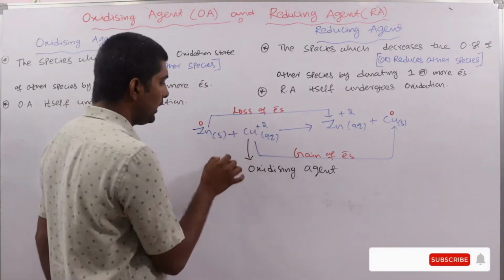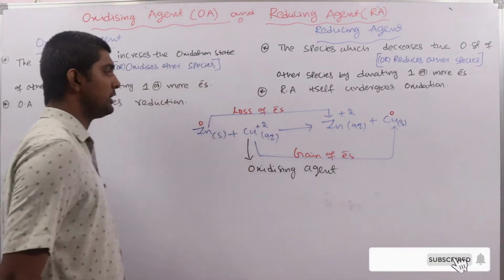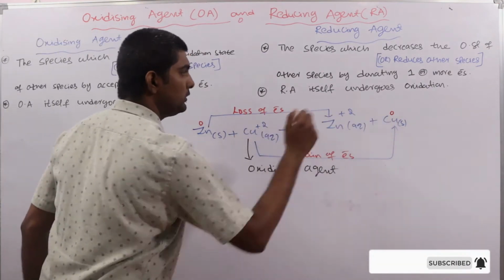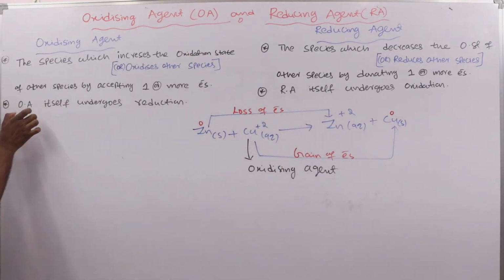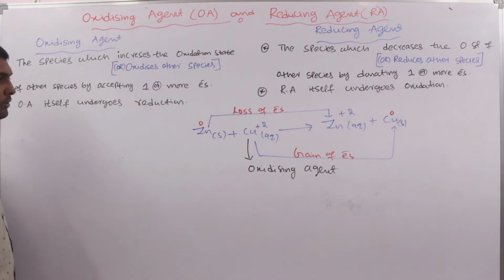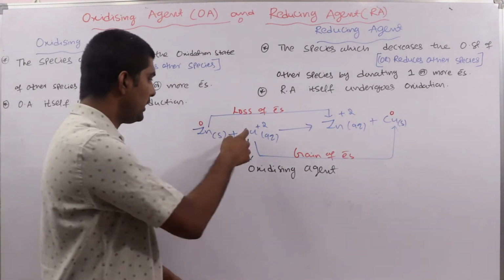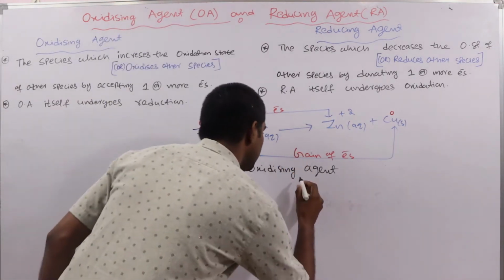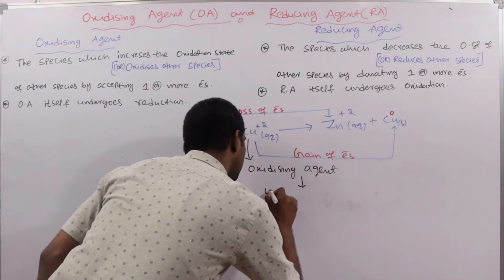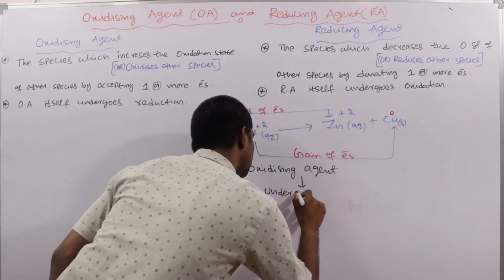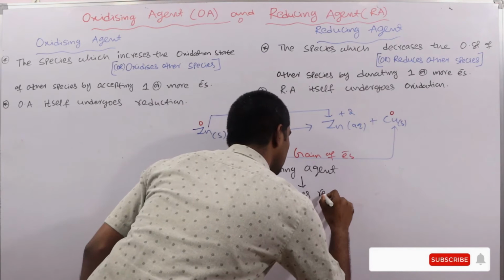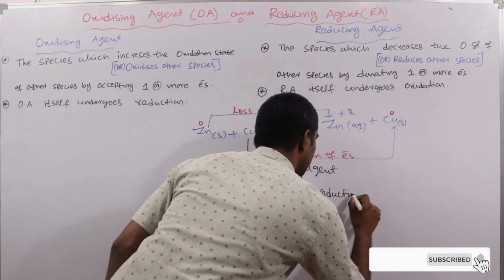Okay, now here what happened? Copper oxidation state is changed from plus 2 to 0. So an oxidizing agent itself undergoes reduction. So here copper is an oxidizing agent which undergoes reduction.